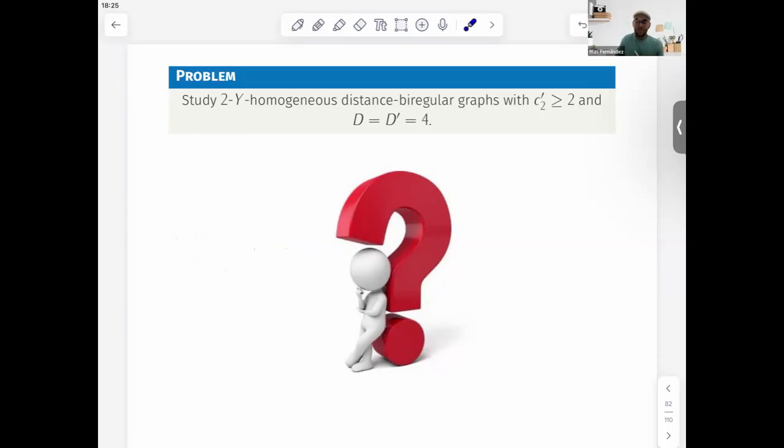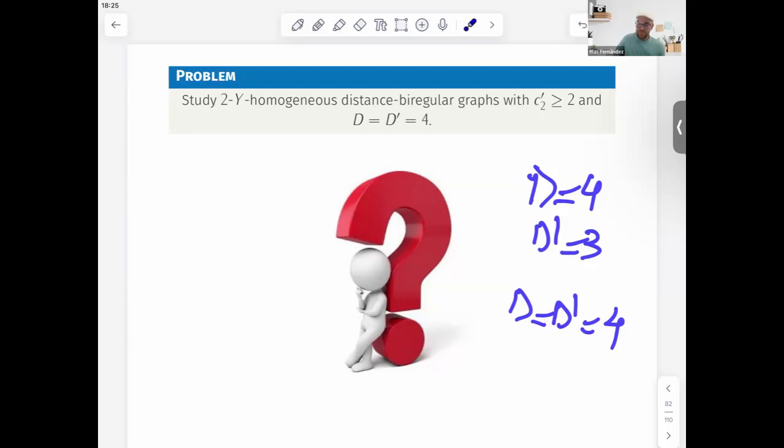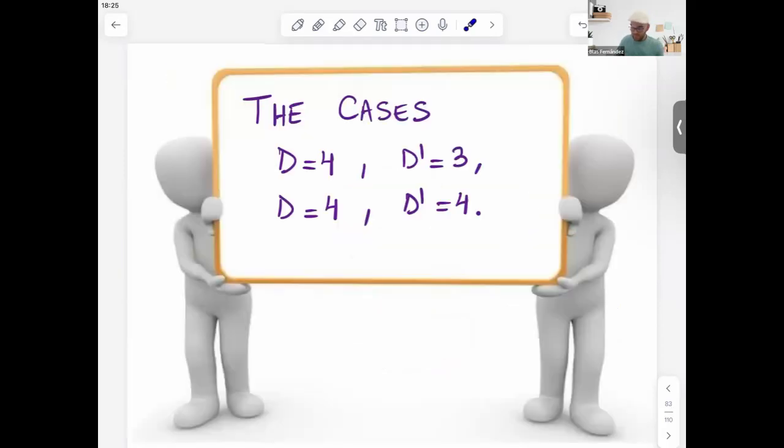So we may consider 2 cases, d equal 4 and d prime equal 3, or d equal d prime equal 4. And these are the cases that we are going to consider.